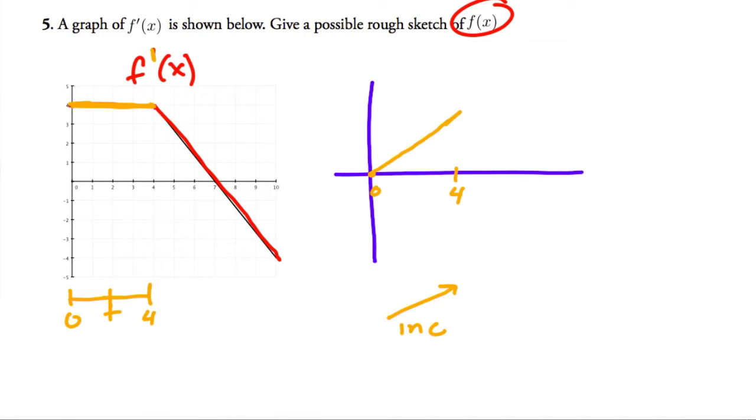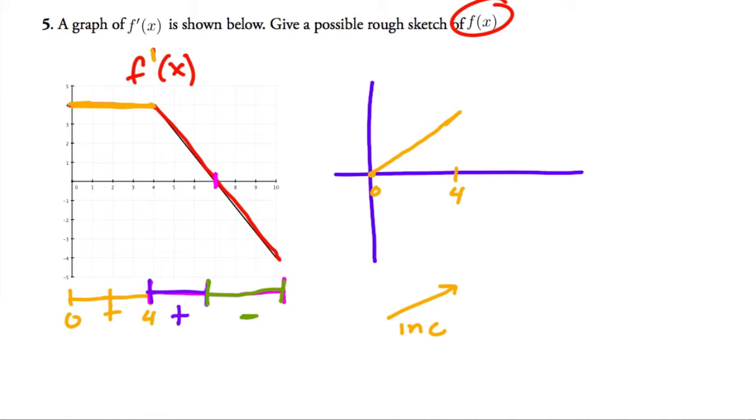Okay, now for this second part, let's break this down a little bit. From 4 to 7, in that section, notice that it's positive, and then right here in this section it's going to be negative.